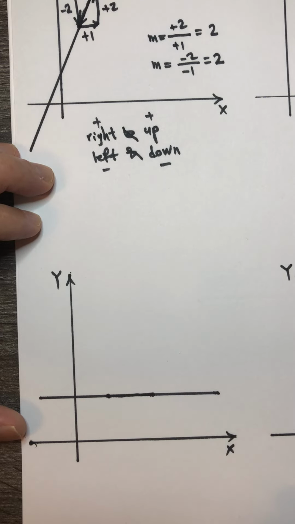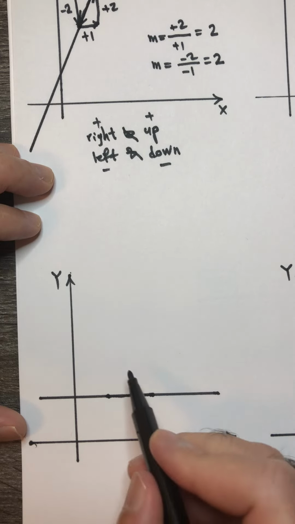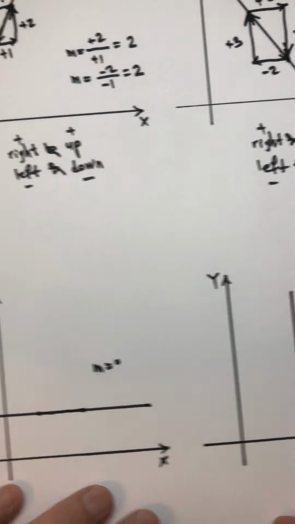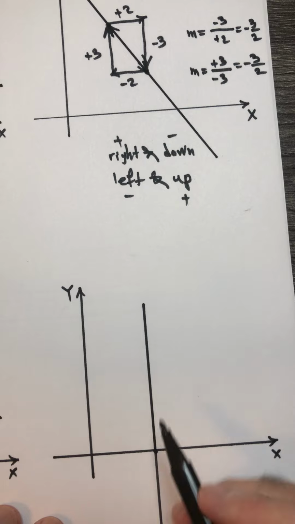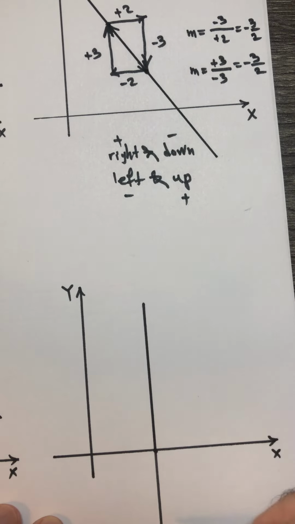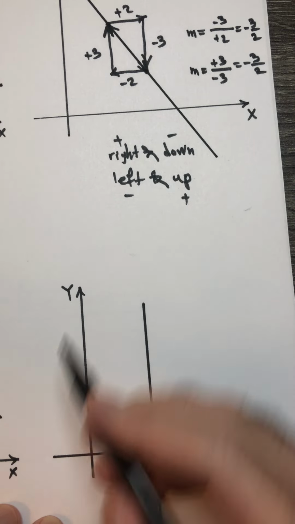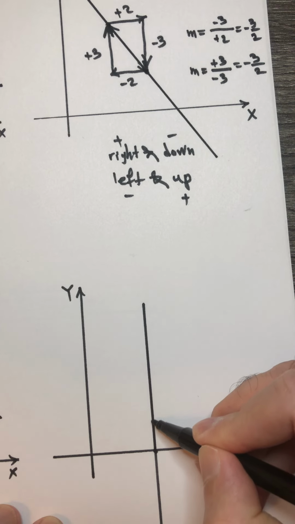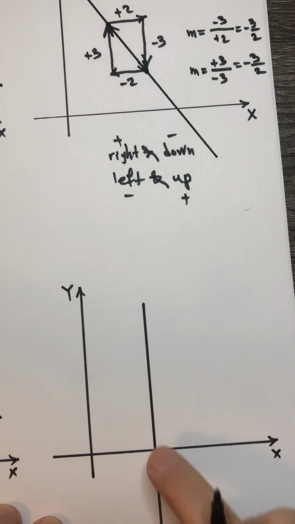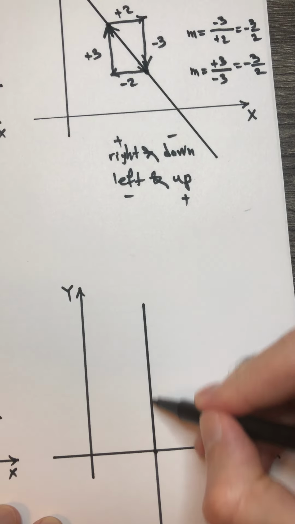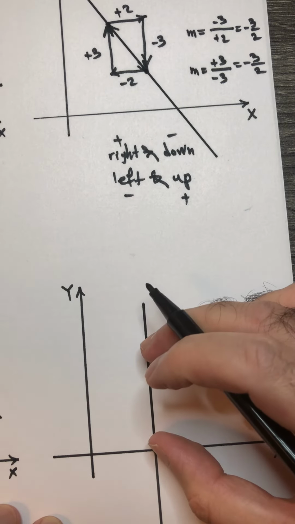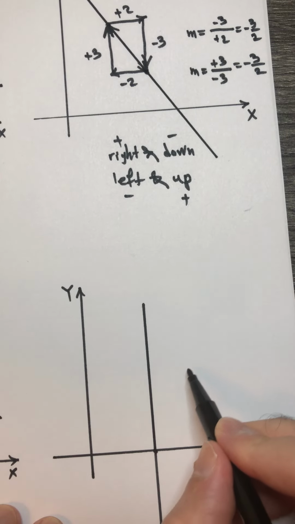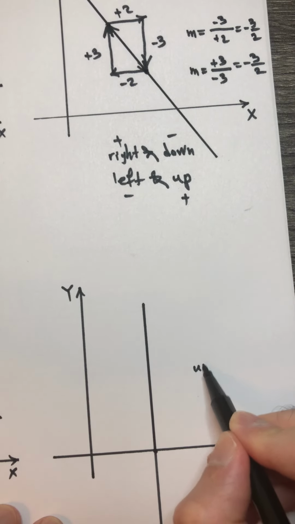In the vertical direction, we don't move. So in this case, m is 0. And another special case is when the line is parallel to the y-axis. In this case, we don't move in the x direction, but we can move in the y direction as we wish. So in this case, the slope is undefined.